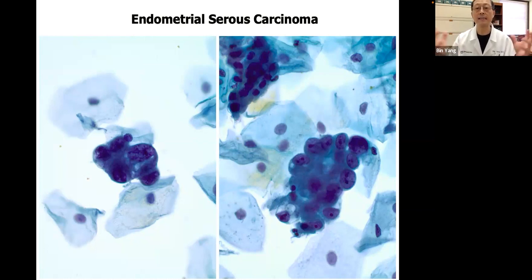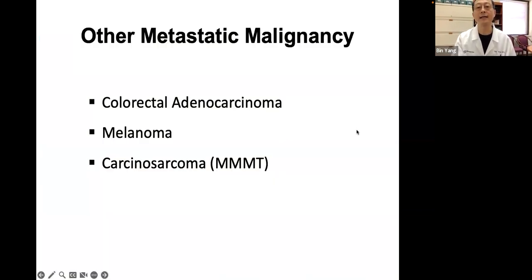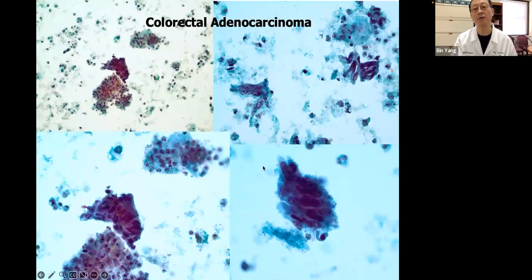Okay, so this is a high-grade serous carcinoma. We sometimes encounter this glandular. And you can see other metastatic malignancy, not very common, but you can see most often colorectal adenocarcinoma, you can see melanoma, carcinosarcoma. I'll give you a couple cases.